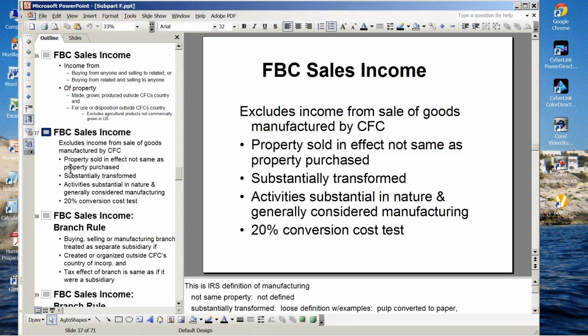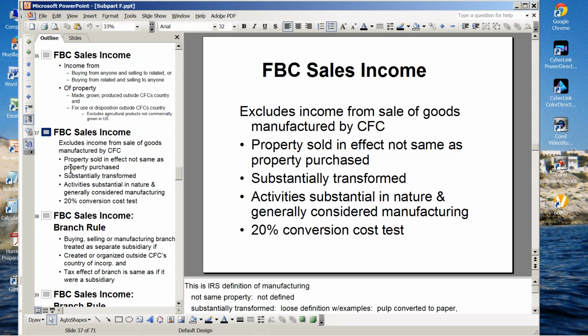There are loads of other examples that we could do on each of these 2, and you see them commonly in the real world. The third test is the activities conducted are substantial in nature and generally considered to be manufacturing. Often this is pretty easy to figure out too. If you've got a lot of equipment and a lot of employees doing real things that look like it's making something, then it's considered to be making something.